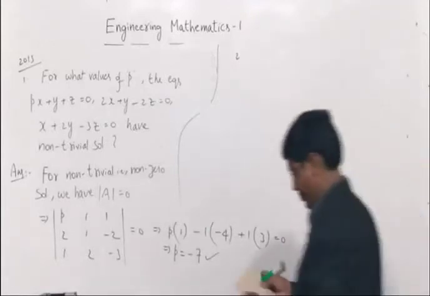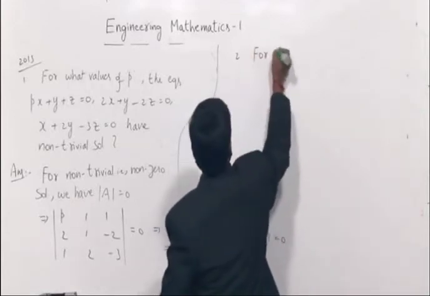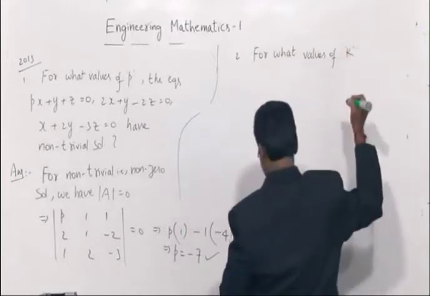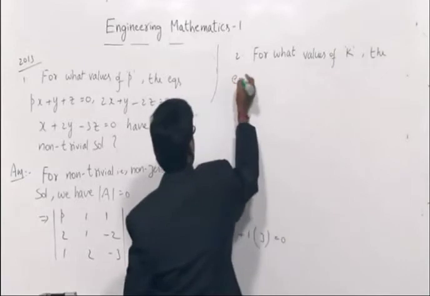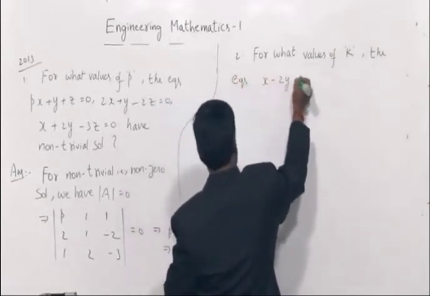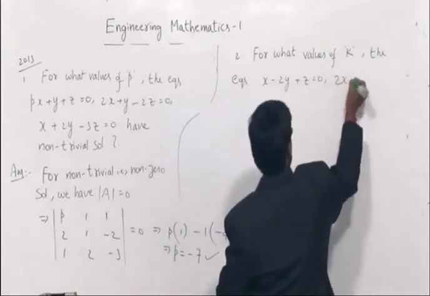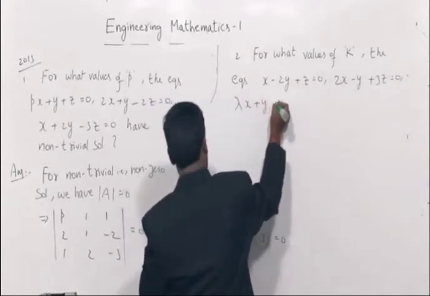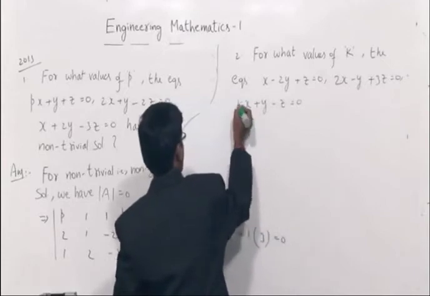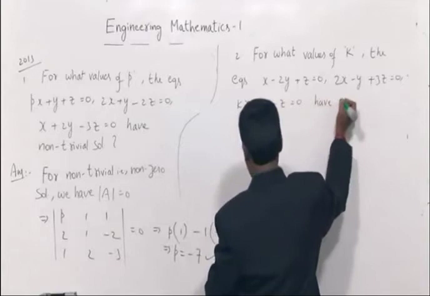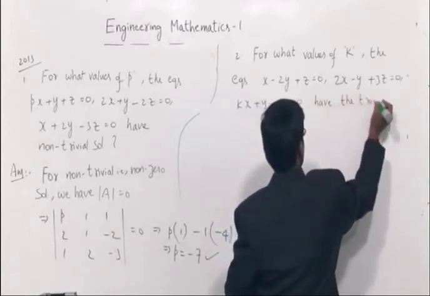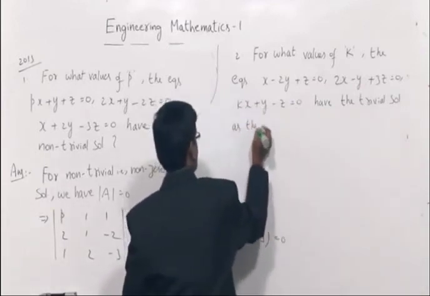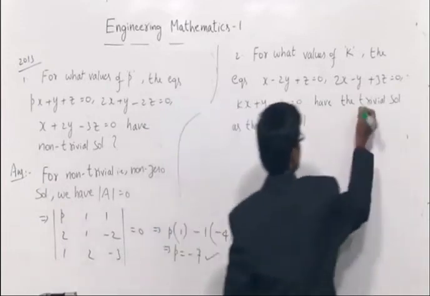Second problem. For what values of k, the equations x minus 2y plus z is equal to 0, 2x minus y plus 3z is equal to 0, kx plus y minus z is equal to 0, sorry, not lambda, kx, have trivial solution as the only solution.